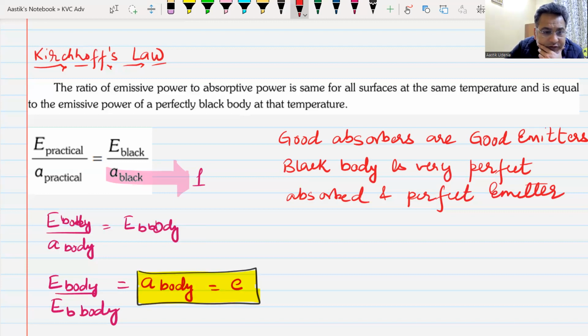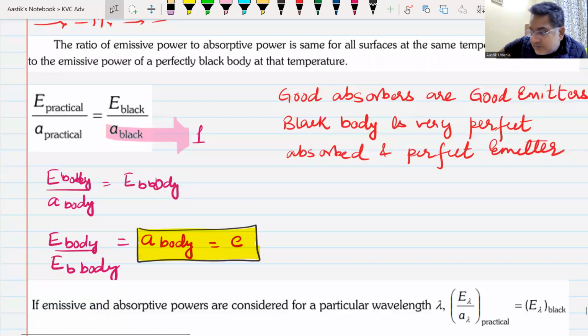Now, if you want to calculate this for any particular wavelength, you can also write this Kirchhoff's law for that given wavelength. For that wavelength, the ratio of the emissive power of the body to the absorptive power of the body will be equal to the emissive power of the black body for that particular wavelength.